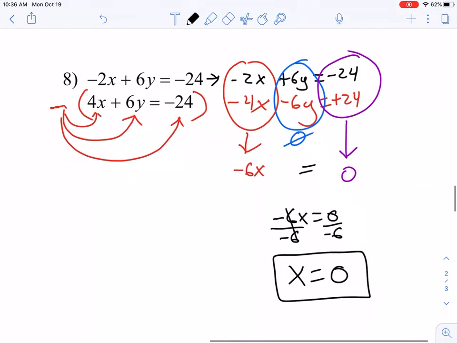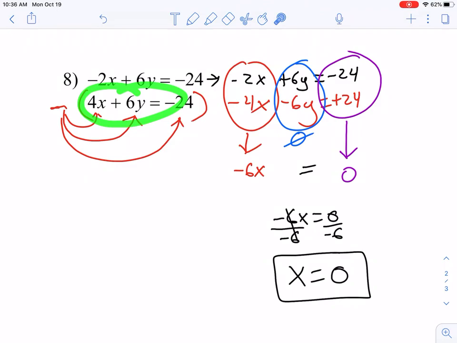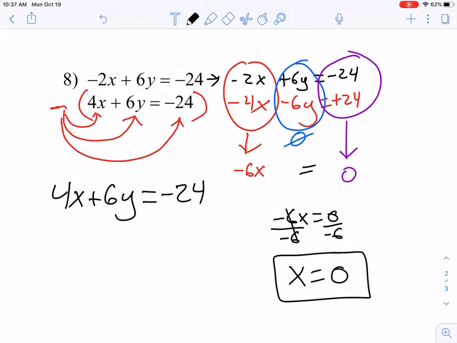Now that I know what x is, I can go back and plug it in for x in any of my equations here. I can do it in the ones that I've changed. I can do it in the original ones. As long as I write everything down without changing signs or making anything funny, then I'm okay. And actually, instead of x now, we're replacing that with a 0.